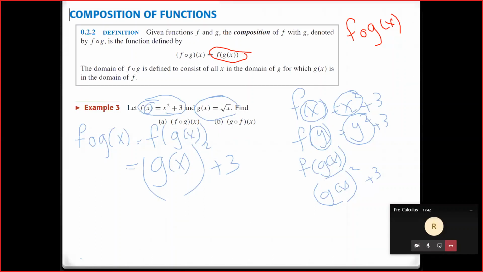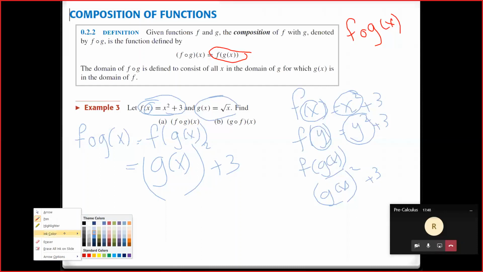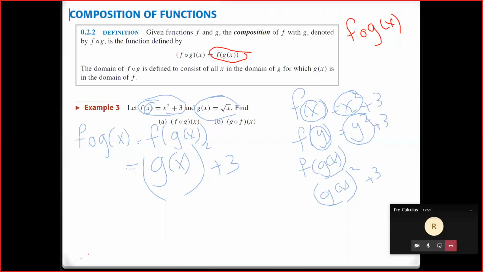It will be g of x squared plus 3. Then, this is the first step. Then the second step now. But g of x is square root of x. What about g of x squared? It will be square root of x squared plus 3. Then the square root cancels the square, so it will be x plus 3.